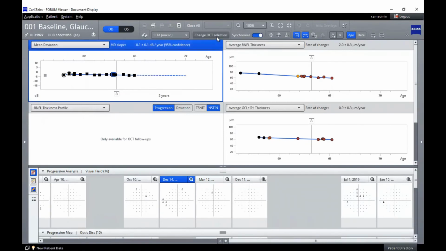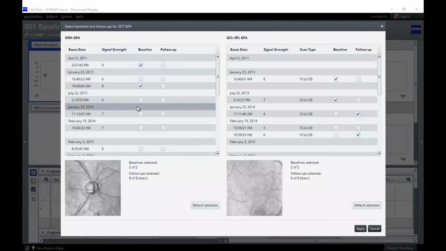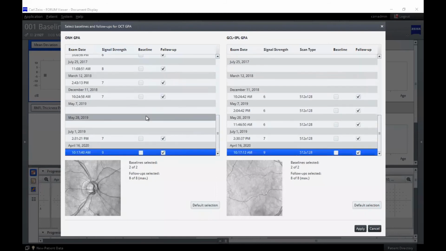And so I spend most of my time when I'm looking at testing, I don't even have them print out printouts anymore. I just go right to form. I can manipulate what I want it to look like. It's not helpful for me to look at a GPA that goes back 12 years if my patient had major interventions in the last 3 years, right?